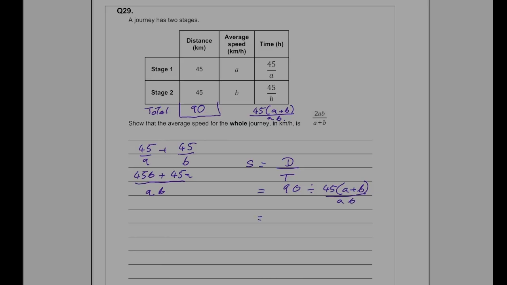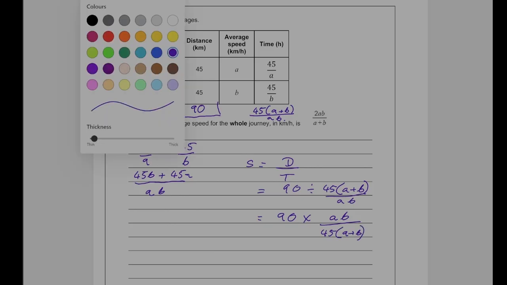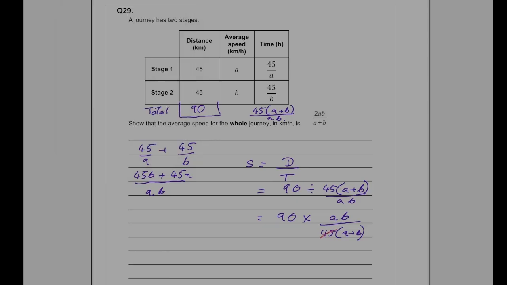And then when we divide by a fraction, it is the equivalent to multiplying by the reciprocal. And then we'll simplify that. So 45 goes into 90 twice. So that's going to become 2AB over A plus B, which is what we were asked to show.